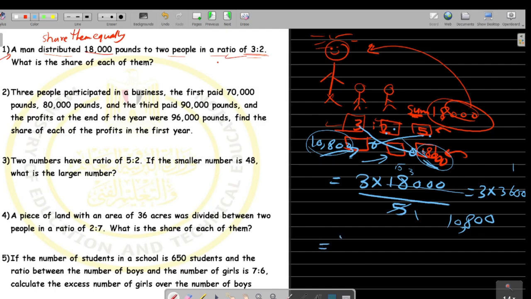Or you can make it like that, 2 times 18,000 divided by 5. Here you will get 3,600, and then multiply. 6 times 2 equals 12, carry 1. 3 times 2 equals 6, and 1 equals 7. 7,200. Easy?